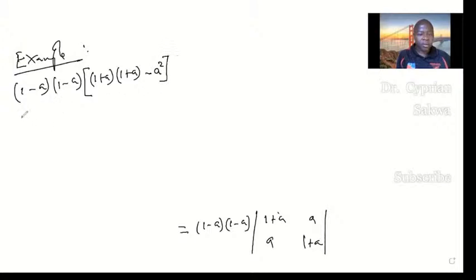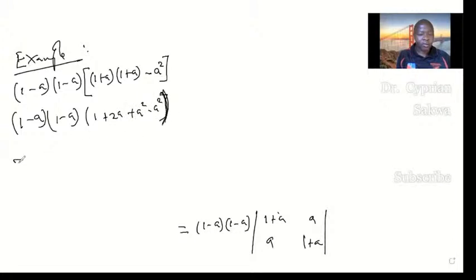So what is this? 1 minus r, 1 minus r, and inside this bracket what I have is 1, 1, if I multiply this will be 1, this will be r, and this will be another r, so that is 2r, and this will be r square minus r square.